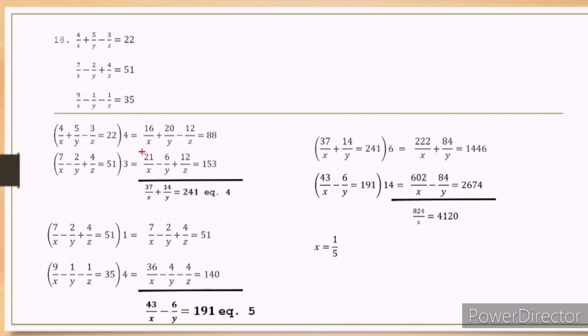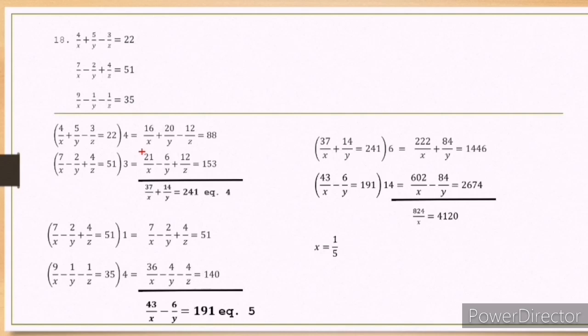Then 222 over x plus 602 over x is equal to 824 over x. Then positive 84 over y, then negative 84 over y is equal to 0.